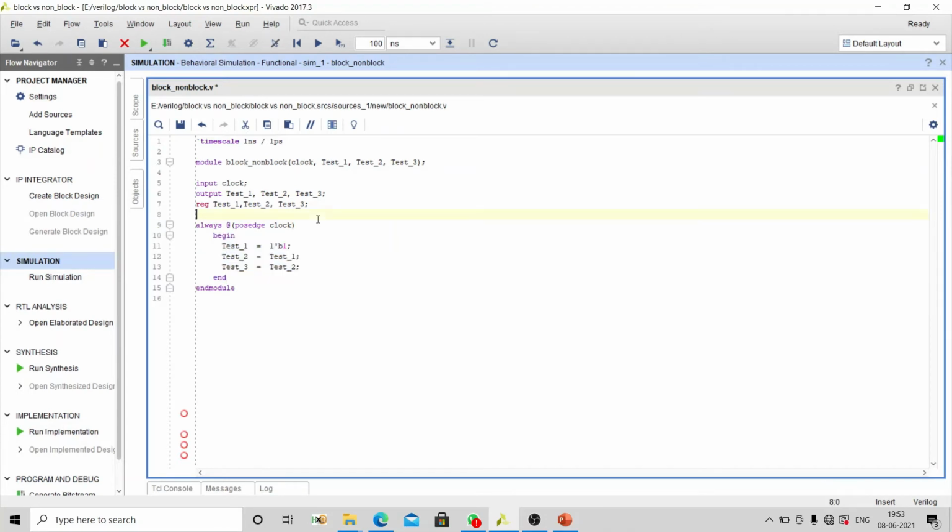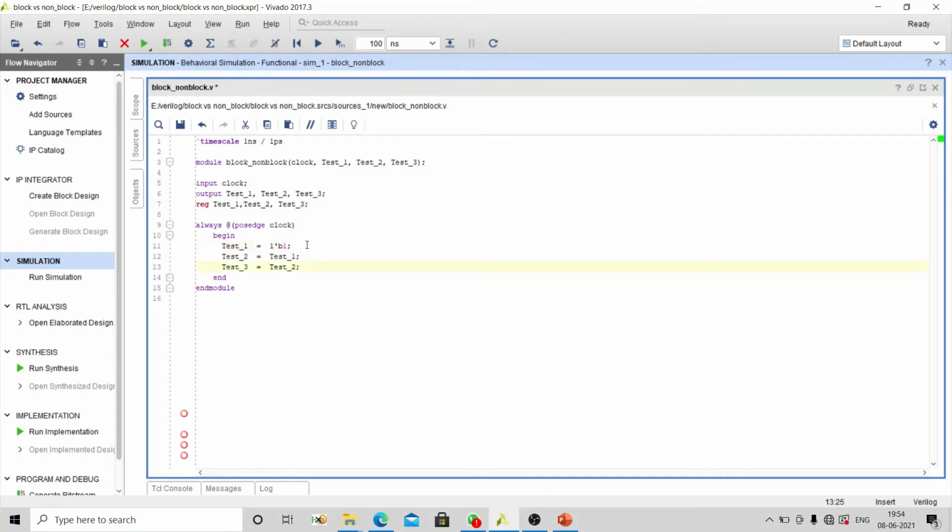First this line will be executed. You can see this is the blocking assignment, just the equal to symbol, that means blocking.